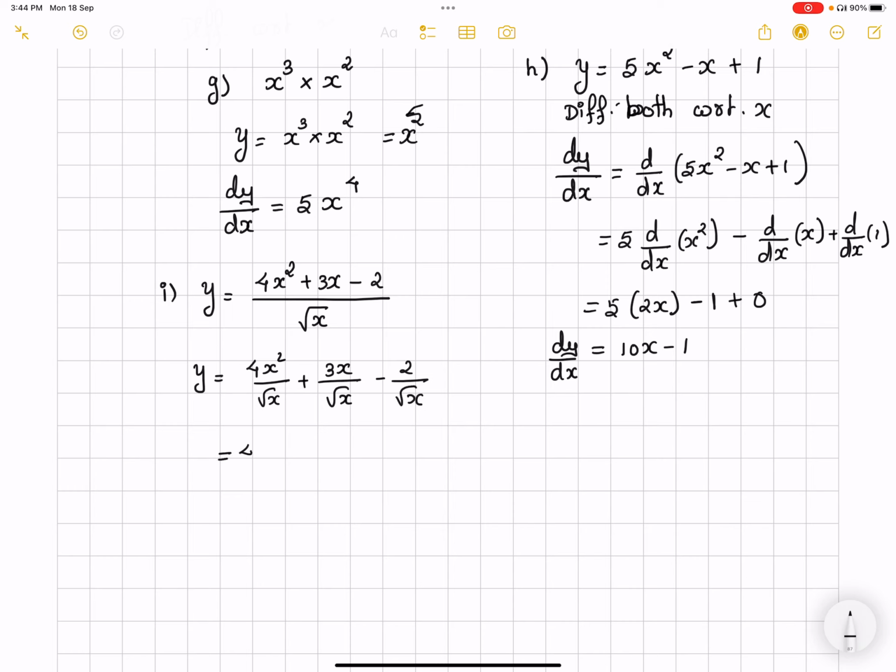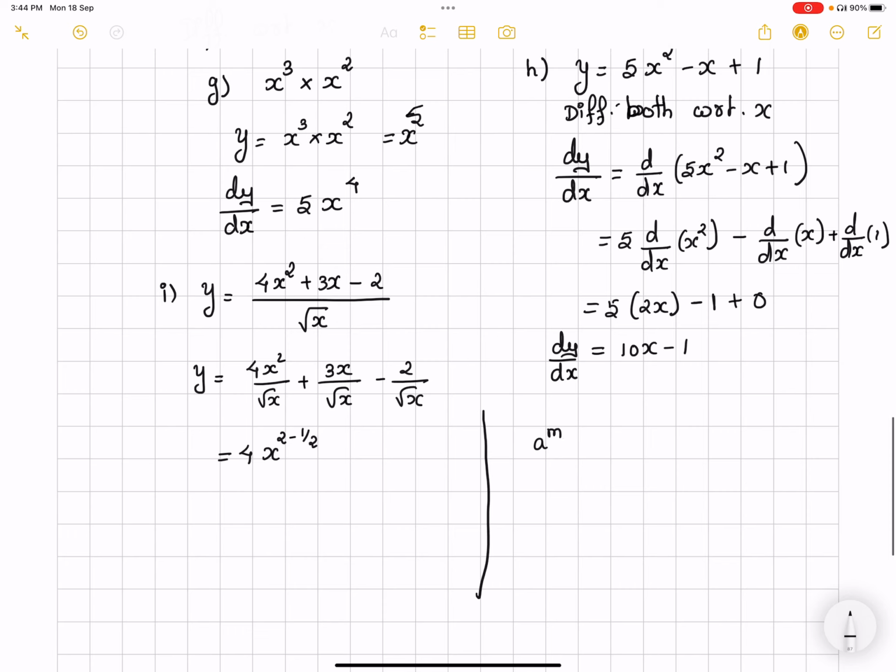Now here we have 4x squared, minus 1 by 2. What are we doing? See, when we have the same base, a to the power m divided by a to the power n, here a is the base and m is an exponent, and n is also an exponent, that is power.